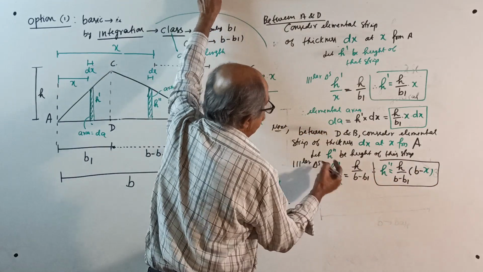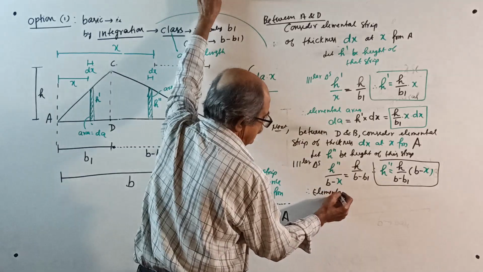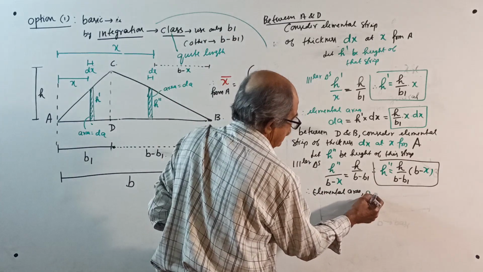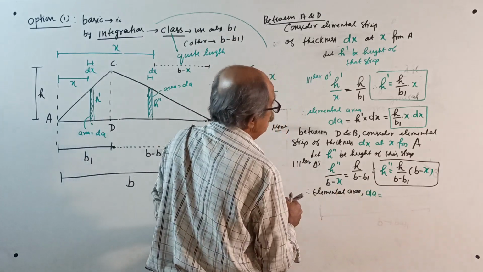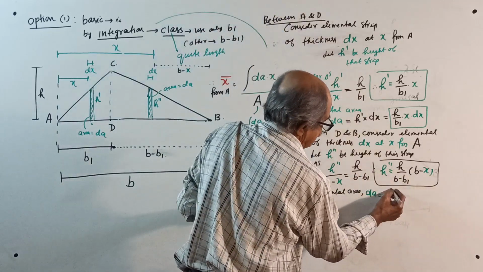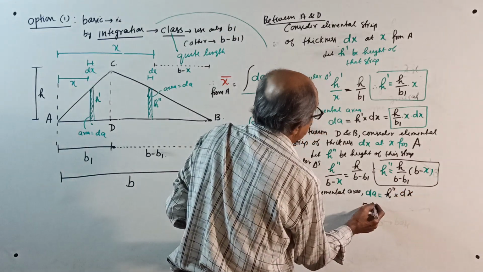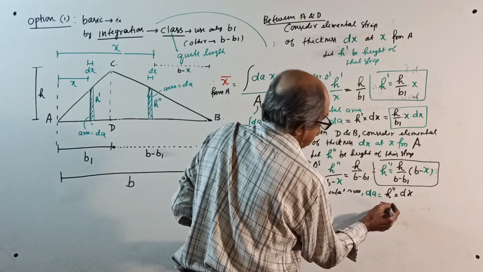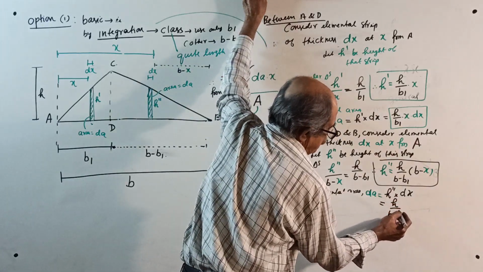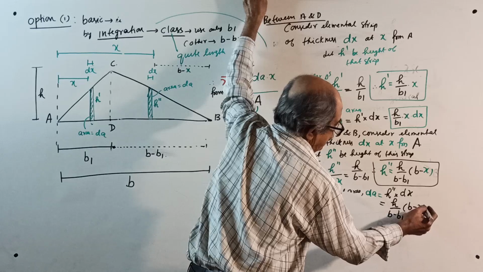In the same way, the elemental area dA is equal to h double dash into dx, or equal to h double dash divided by b minus b1 into b minus x.